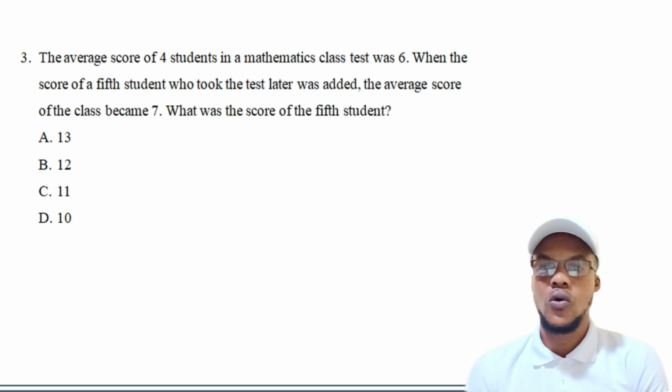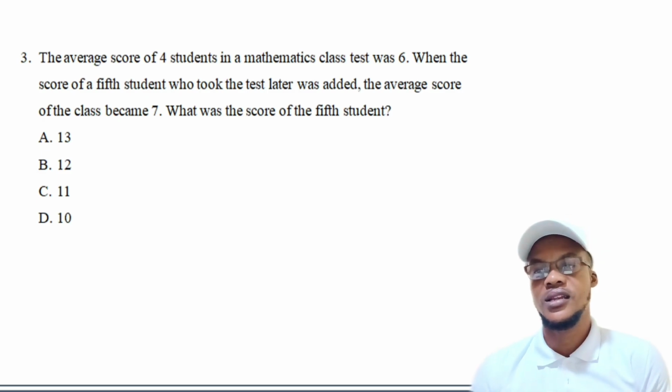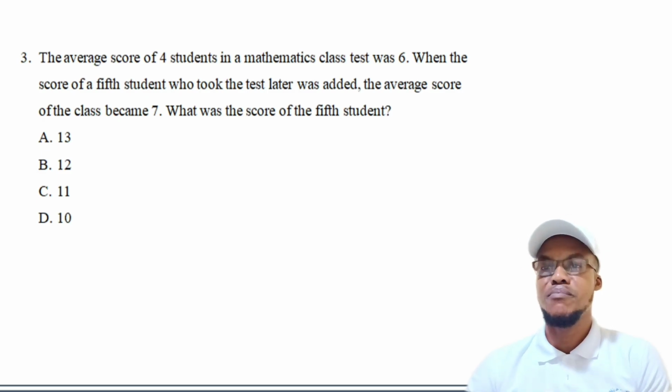What was the score of the fifth student? So this one we are dealing with the mean, the median, the mode. In this case, when you are asked for the average score, know that we are looking for the mean score. That's what we are looking at.